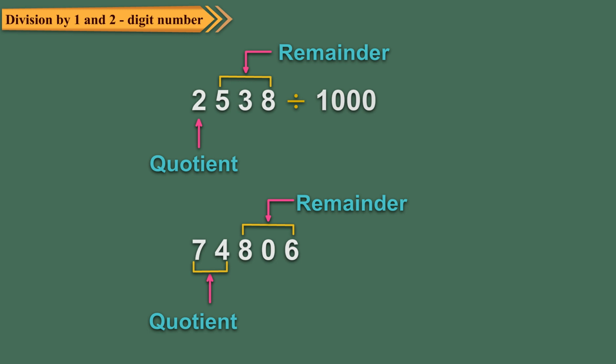For example, when we divide 2538 by 1000, the quotient is 2 and the remainder is 538. Similarly, on dividing 74,806 by 1000, we get 74 as quotient and 806 as the remainder.